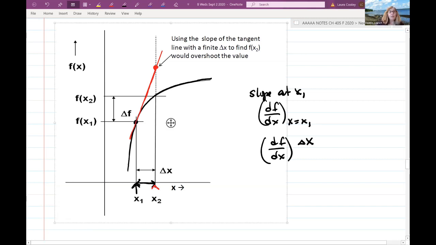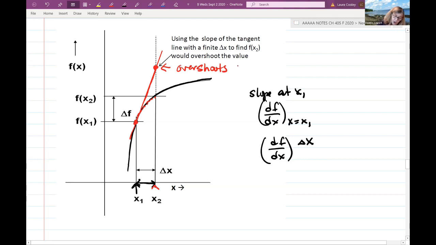And it's going to be really off, right? Because this slope here at x1 is not the same as the slope all along this line. The slope is constantly changing. So it's going to over-predict. It overshoots, right? If the function had a different shape, it might undershoot.